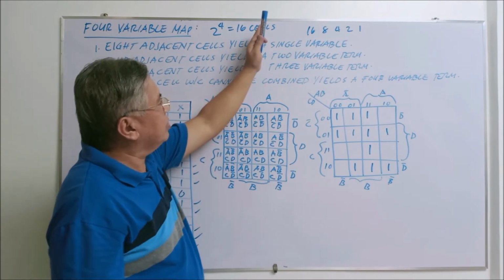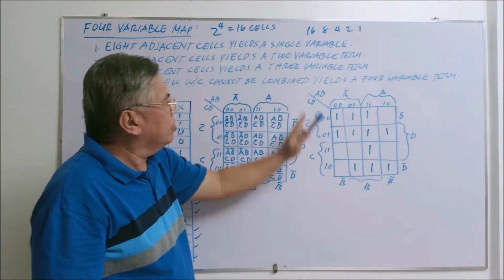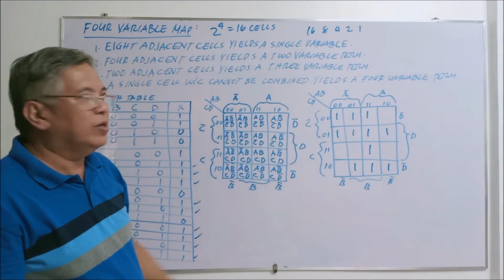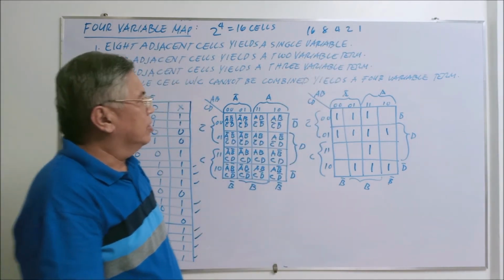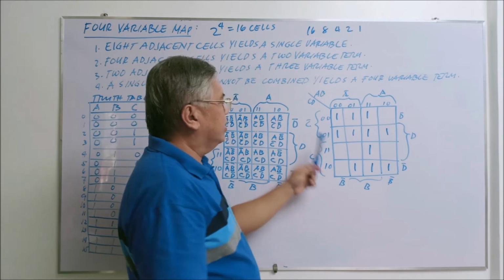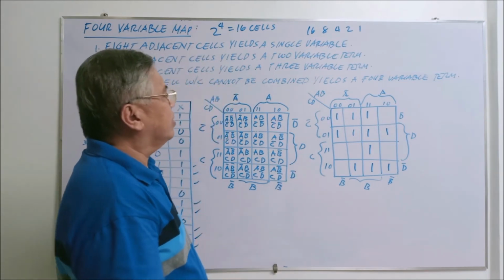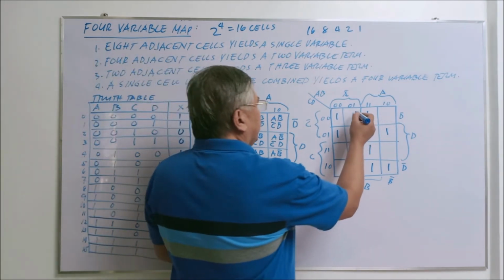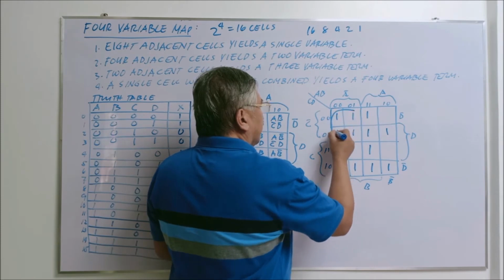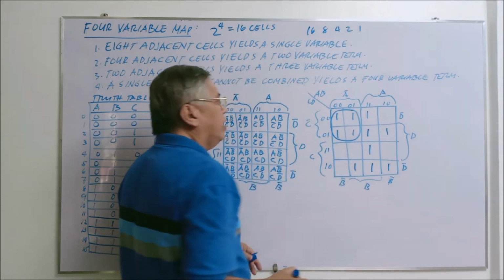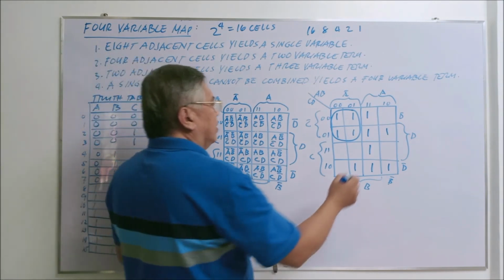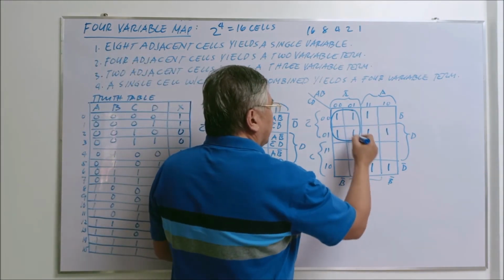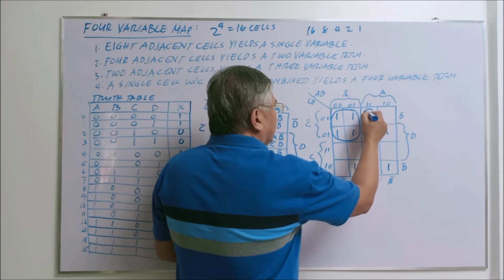So there is no 16 adjacent cells. There is no 8 adjacent cells. So we go to 4 adjacent cells. Okay? So what are the adjacent cells here? So this one here is adjacent. Okay? Then, instead of having this one, we go straight.